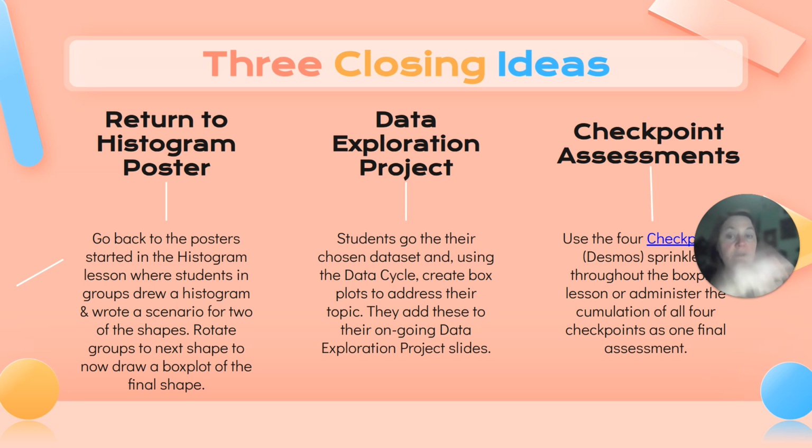They have done two of the shapes already by drawing a histogram of that shape and then rotating to the next shape and doing a scenario. And now they should rotate to the third shape that they haven't done yet and draw a box plot that will match the histogram and the scenario that has been prepared for them by previous groups. Those posters are excellent ones to leave around the room.